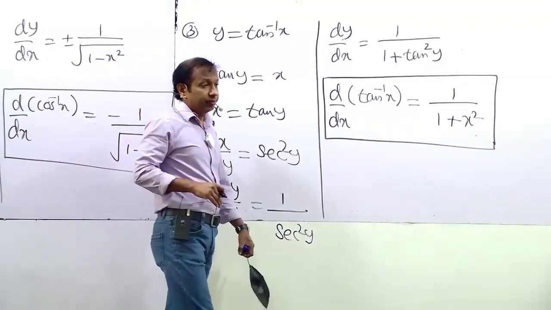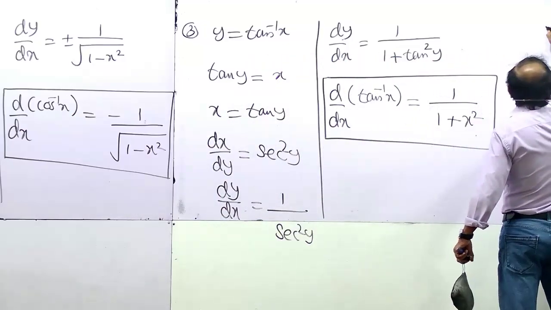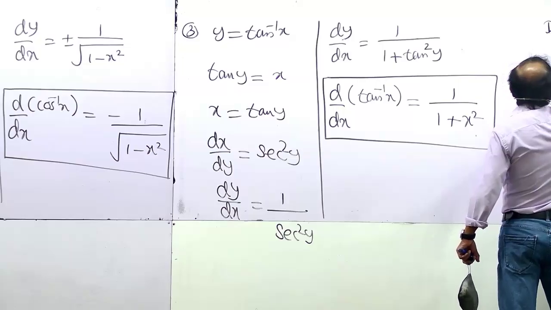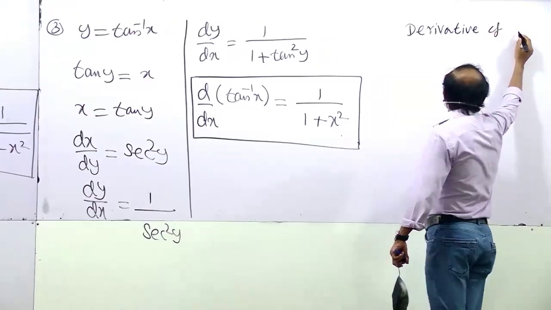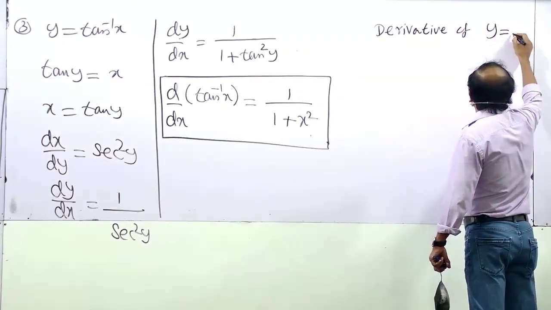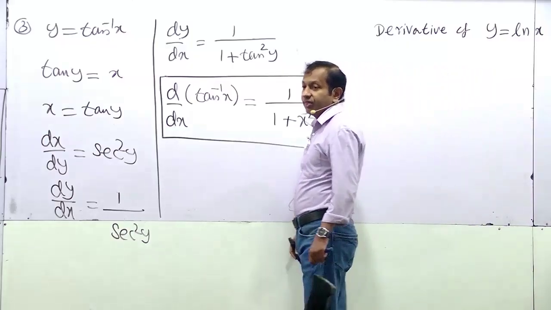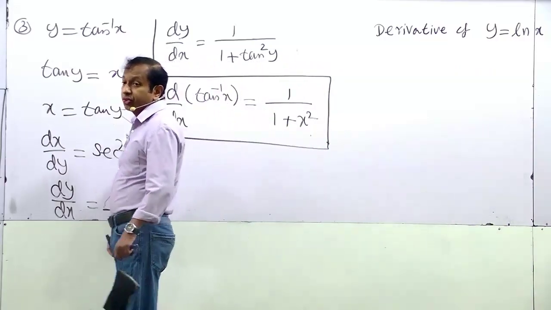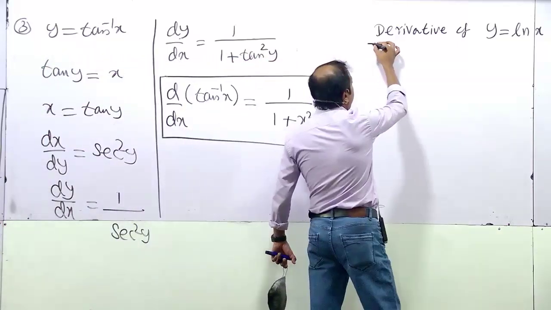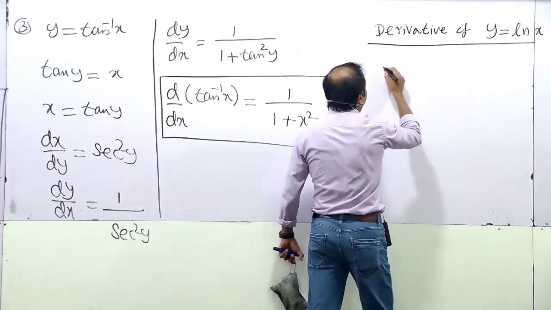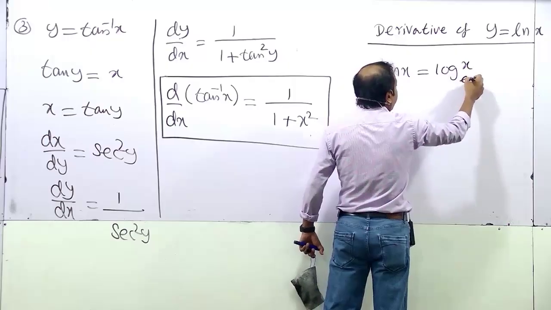Okay, now next one, write down the derivative of ln x. Derivative of y equals ln x. Ln x means logarithm of x to the base e.